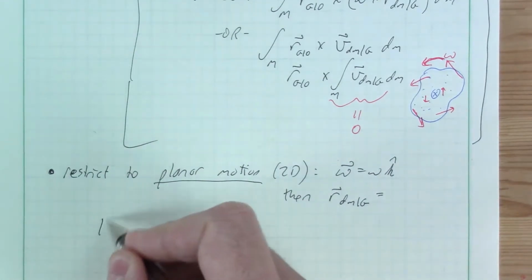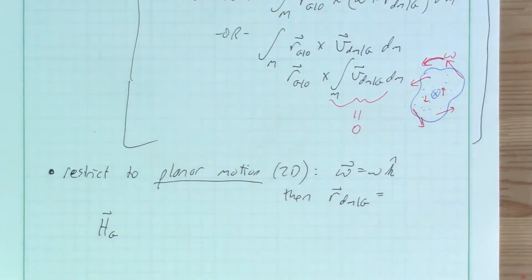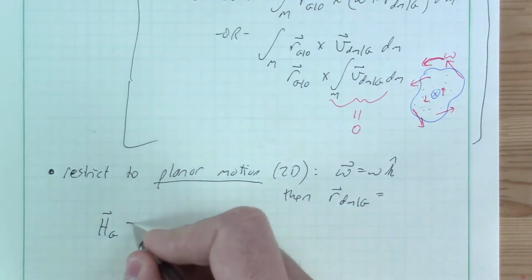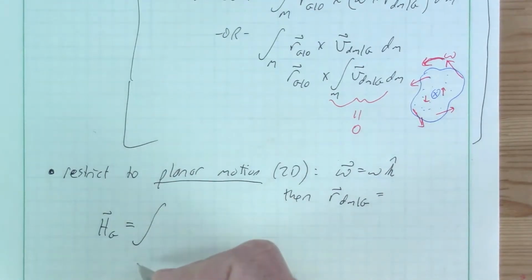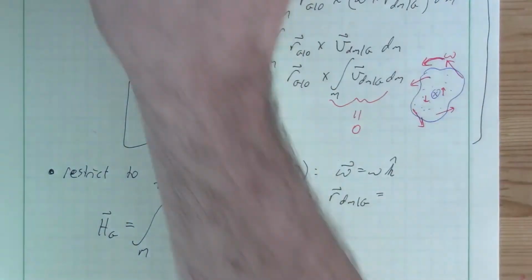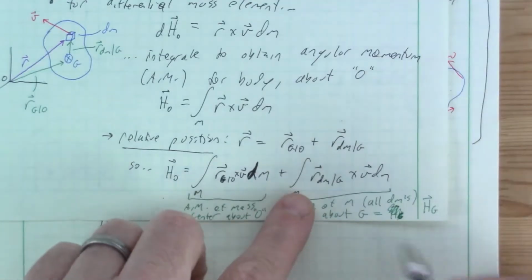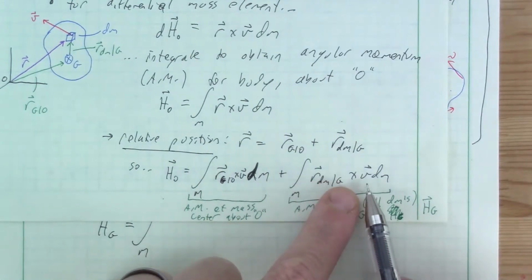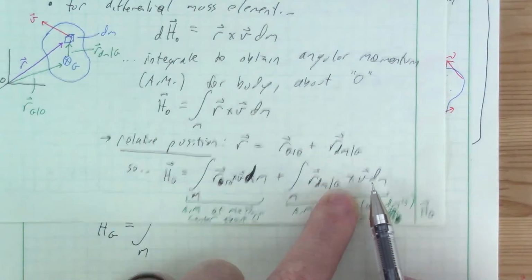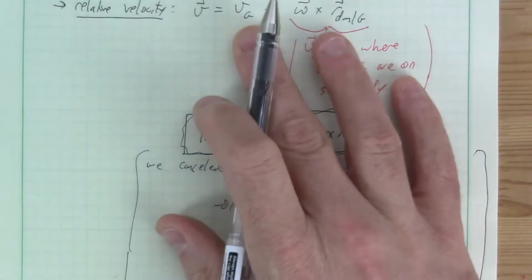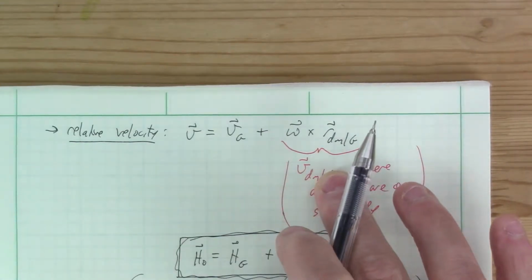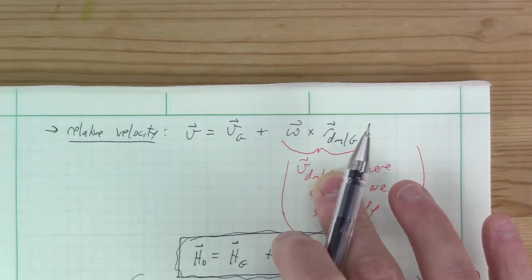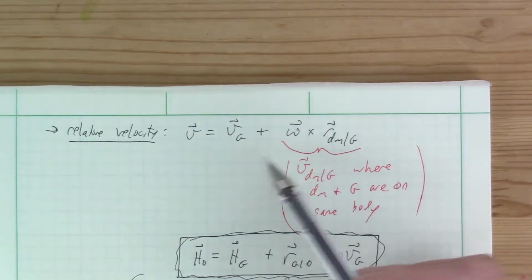What we want to do now is write the angular momentum about the center of mass, which we derived along the way. It was a term along the way. It's actually this term here, which is that term there. We just called it hg. We now want to plug in that relative velocity there. That relative velocity is the velocity of the center of mass plus this rotational, the relative velocity, for dm compared to g.